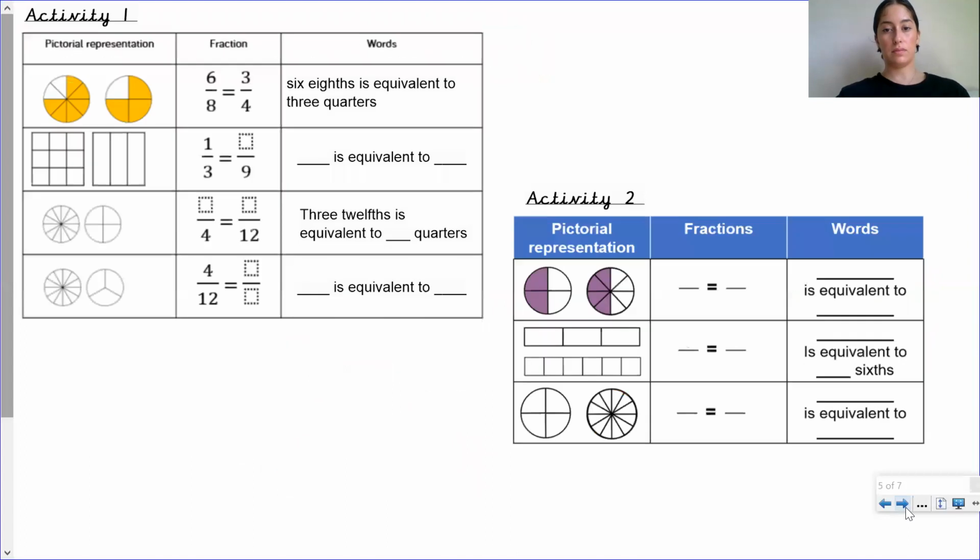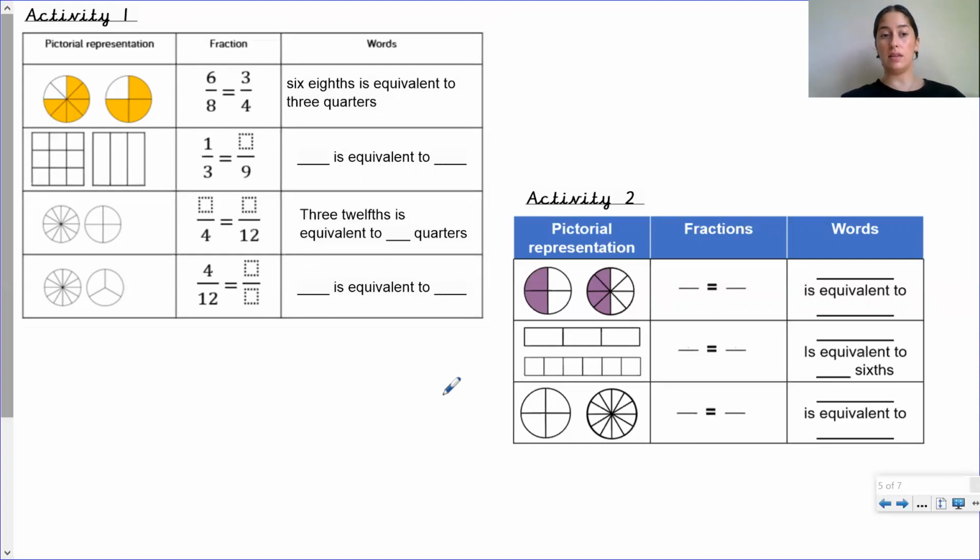So, this is your first and second independent activity. If you find it difficult to draw these, don't worry about drawing them. You can just look at them on the screen. So for example, for this one that's blank, you can just maybe put your finger on 1/3 to cover 1/3, or if you would like to draw them, you can also draw them.